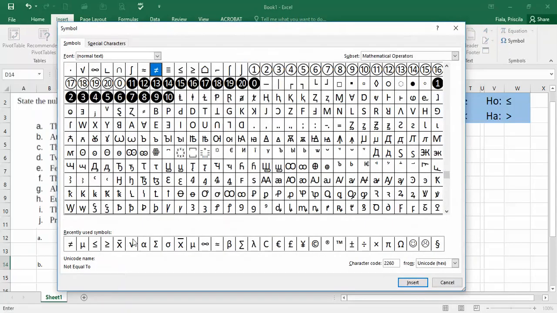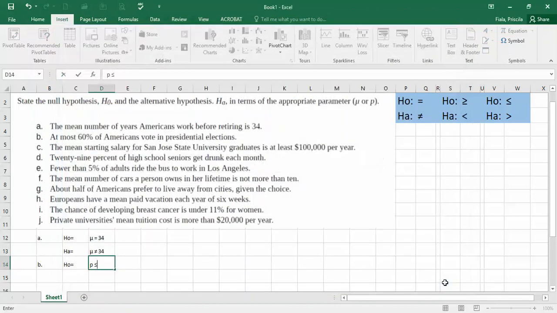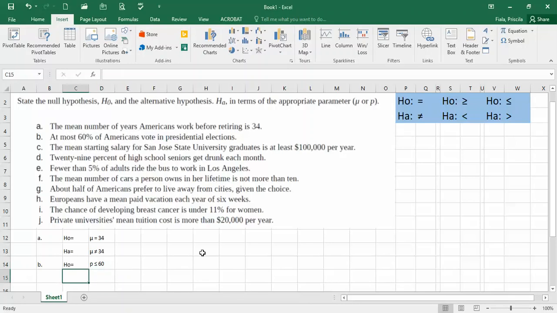The null hypothesis is holding your claim because it's the one with the less or equal. So at most 60%, so no more than 60%, including 60%.